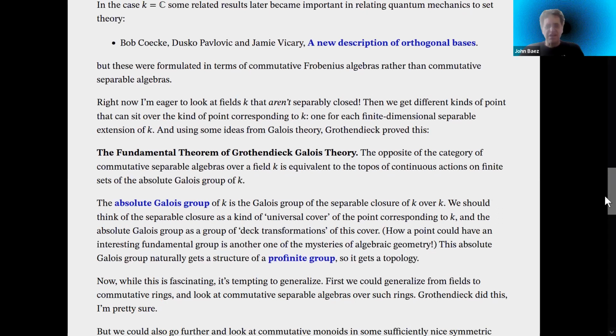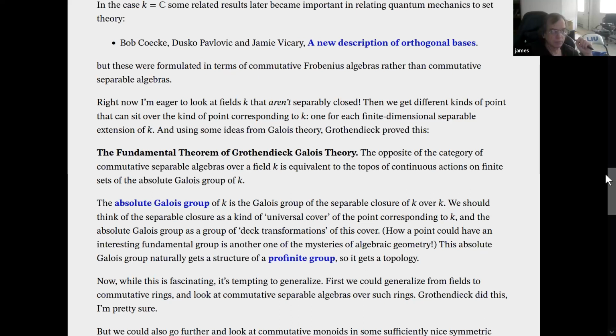But I was really interested in understanding all this type of stuff where, remember, I started out saying we're working with commutative monoids in a symmetric monoidal category and trying to do Brauer groups and separable algebras in there. So instead of just working with vector spaces over this field K, it would be fun if you could copy this stuff for other symmetric monoidal categories.